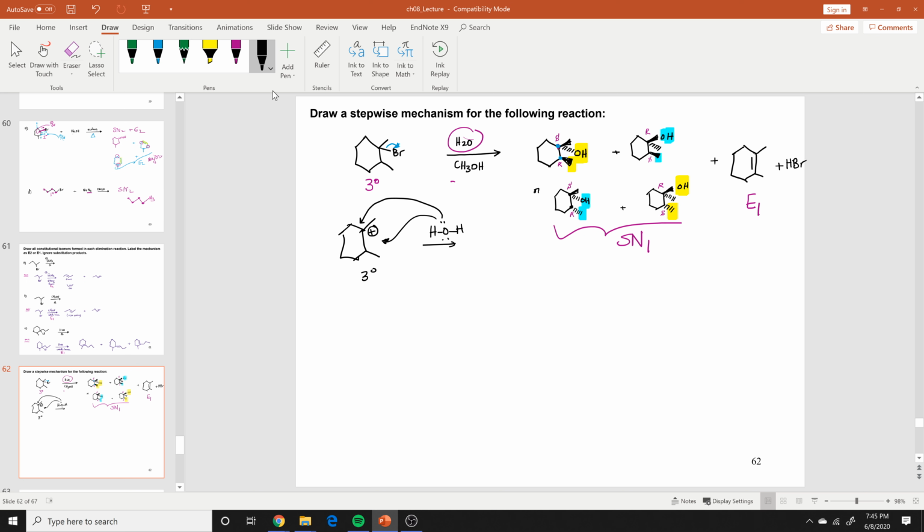So just like writing the options. If the CH3 is in front, I can have my water attacking from behind or in front. And if CH3 is behind, also I can have my water attacking from front and from behind. So just consider all the cases in there to get the 4 stereoisomers for my 2 chiral centers. So this is going to be my SN1 and this is going to be my E1 products.